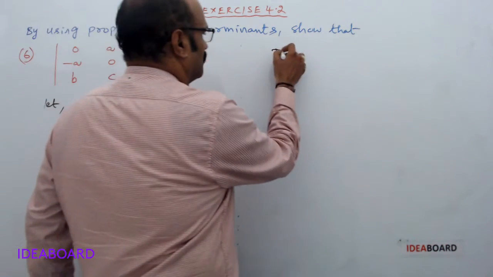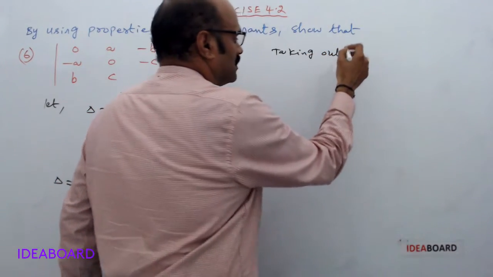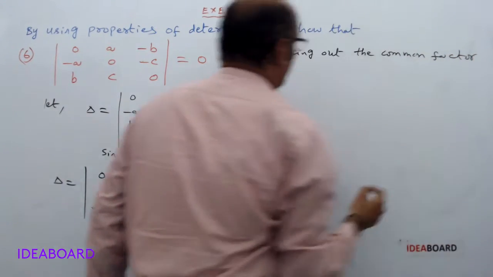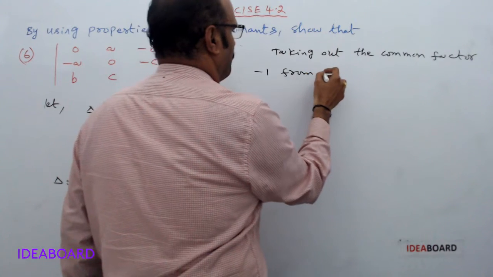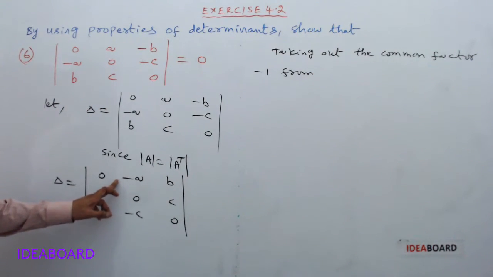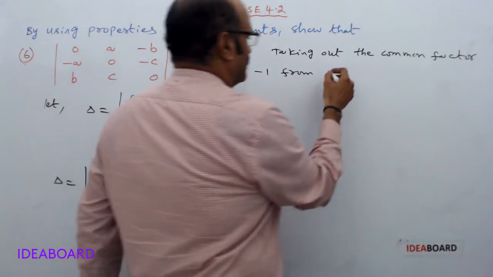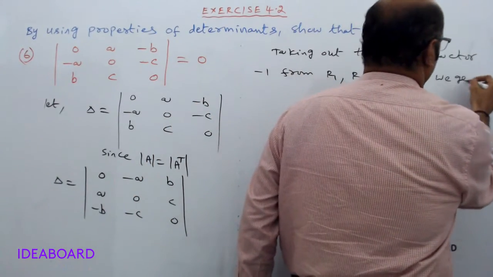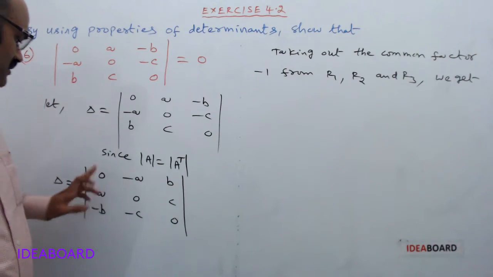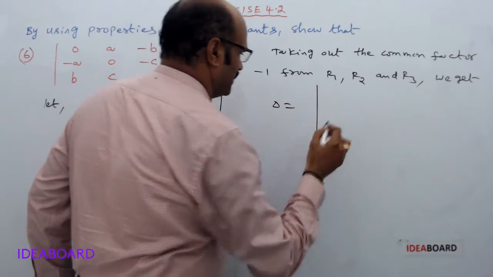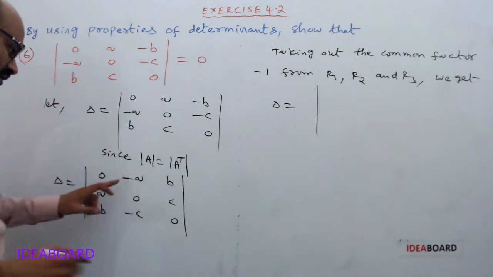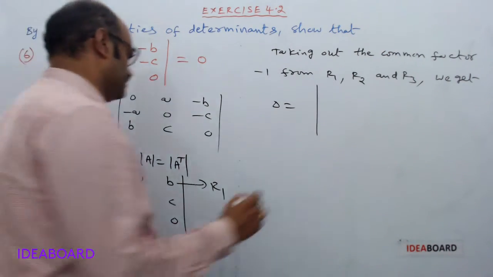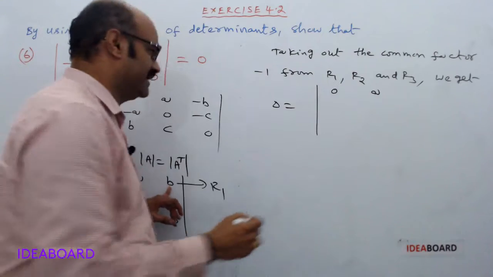Taking out the common factor minus 1 from R1, R2 and R3, we get delta equal to determinant of, taking minus 1 from R1, we have 0 a minus b.